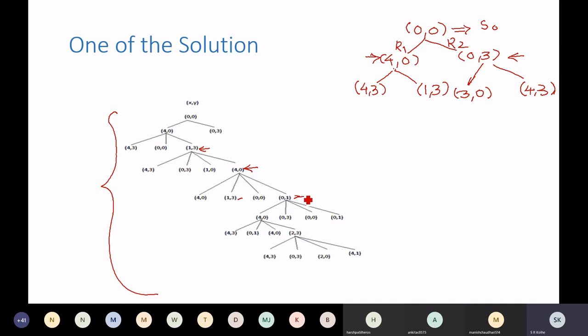If (0, 1) is the current state, again proceed further, you will get (4, 0) or (0, 1) again, the same state. Generally such a selection of rule has to be avoided. And again, if you make this (4, 0) the current state, these are the possible next states, and you proceed further until you reach the goal state. Now in this case (2, 3) has been made the current state, and you reach the goal state (2, 0).